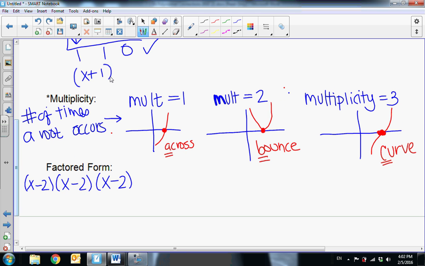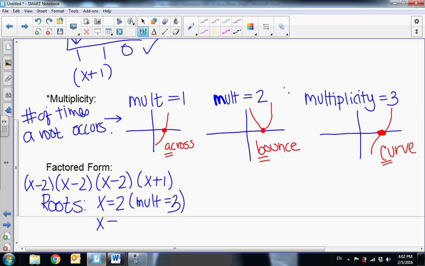And then what was our last factor? x plus 1. So that tells me that my roots are x equals 2 with a multiplicity equal to 3 and x equals negative 1.